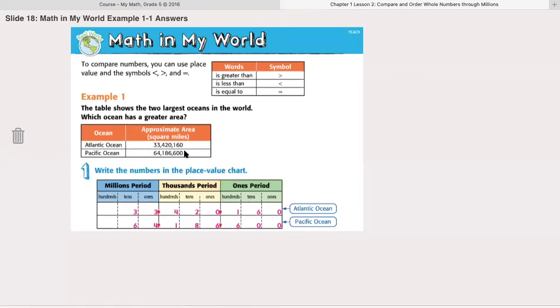Just as we spoke about in the previous lesson, each time you approach a comma, that indicates the end of a particular period, the millions period or the thousands period. When you're finished with the ones period, what follows is not a comma, but a decimal point, and we can talk about that another time.